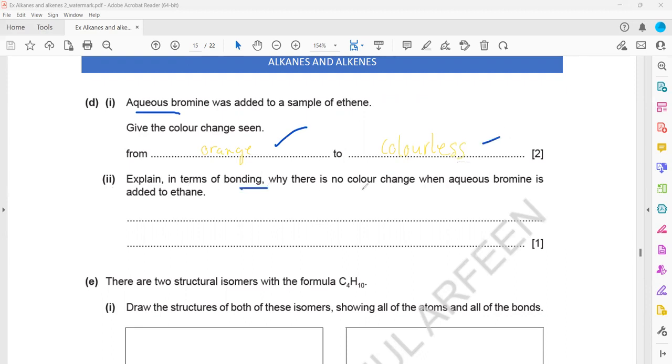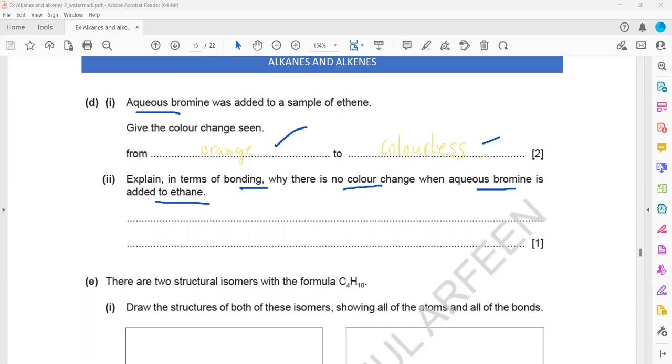Explain in terms of bonding why there is no color change when aqueous bromine is added to ethane. Ethane is saturated, with only carbon-carbon single bonds, so it does not undergo an addition reaction.